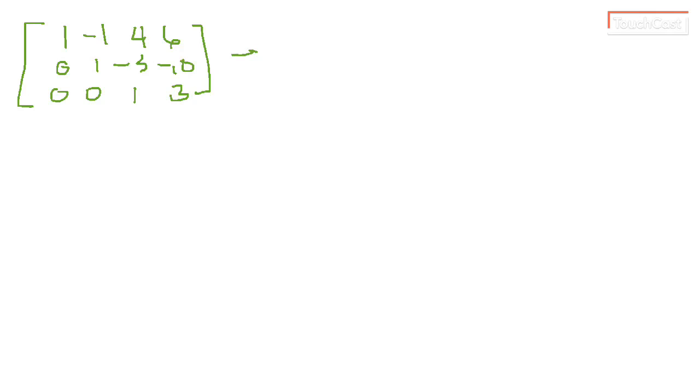So as a system, that means we have x minus y plus 4z equals 6. We have y minus 3z equals negative 10, and z is equal to 3.